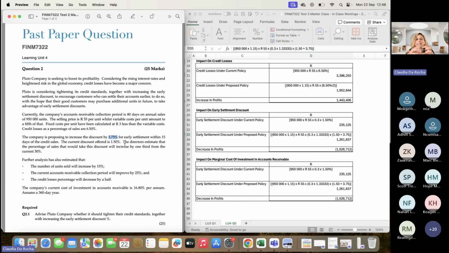So I'm adding that increase. It's not that they're taking a number and increasing that. Like inherently you want to go 1.50 times 3.75%, but because this is a percent and this is a percent, I'm adding the two together because I'm increasing the percentage by that, if that makes sense.